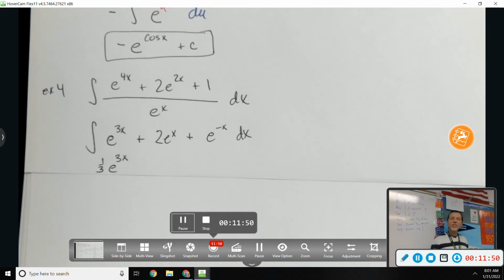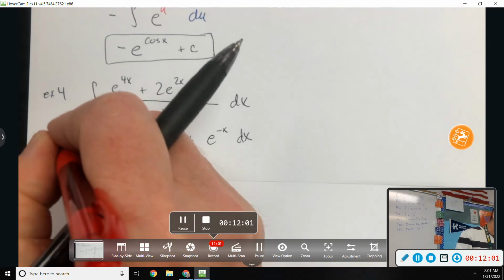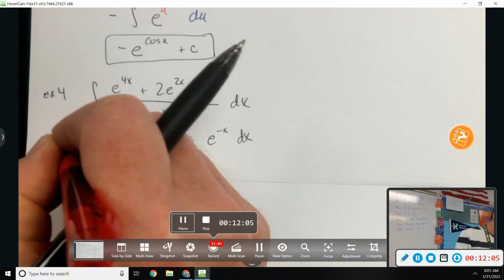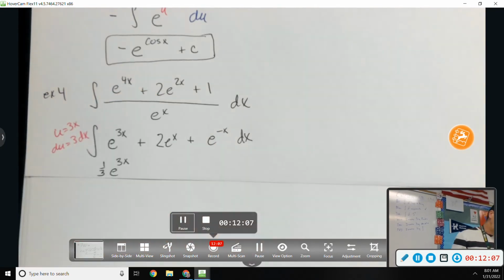That's sort of u substitution on the fly for simpler ones anyway. If you don't like that, then you would say u is 3x, du is 3 dx, and so you do the 3 and the 1/3.